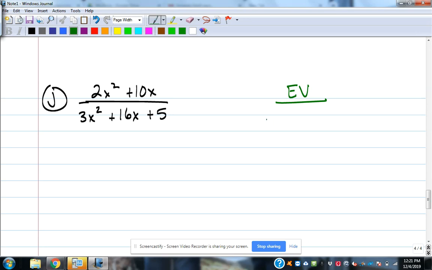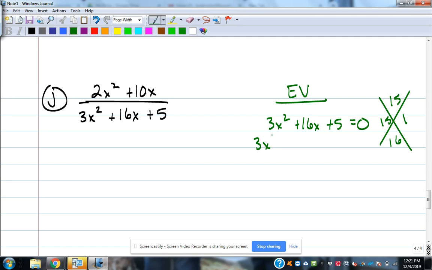So 3x squared plus 16x plus 5. Well, I hope it factors. Multiply to be 15, add to be 16. 15 and 1, it does factor then.